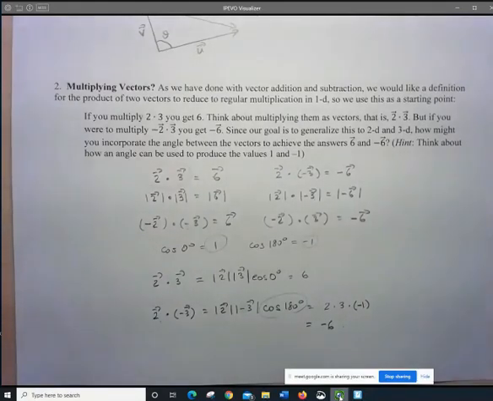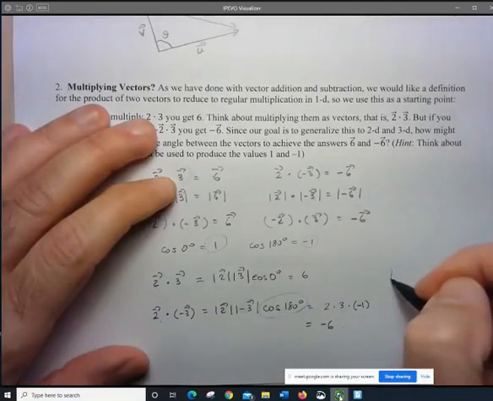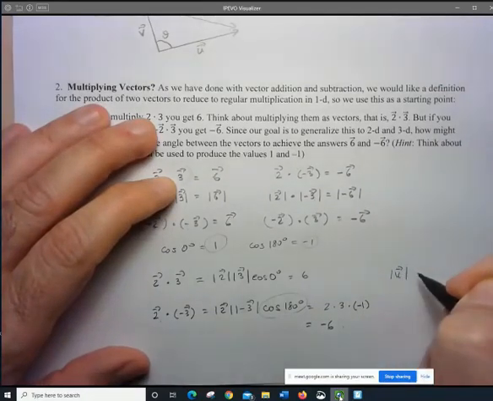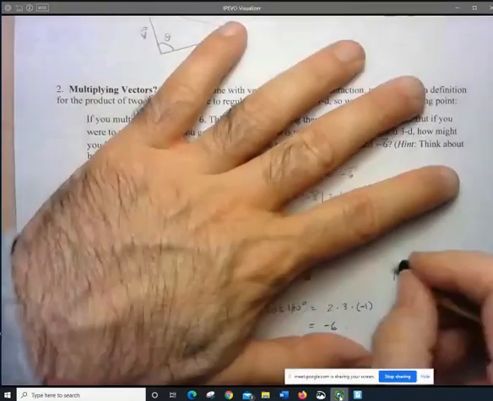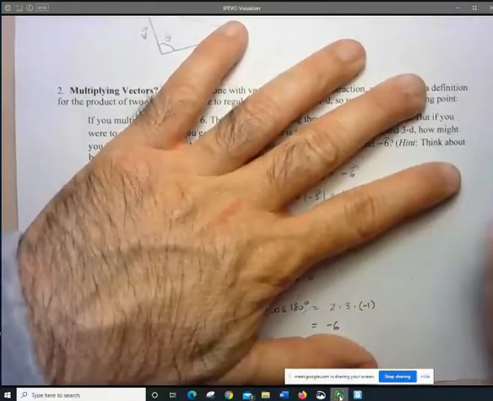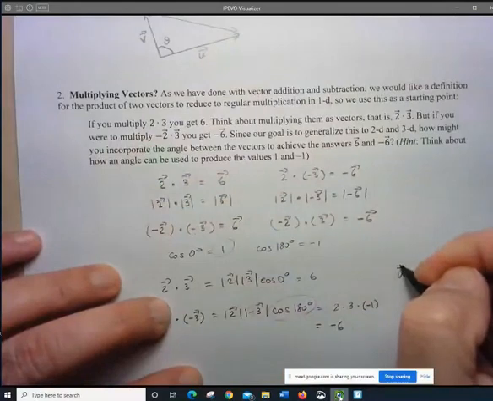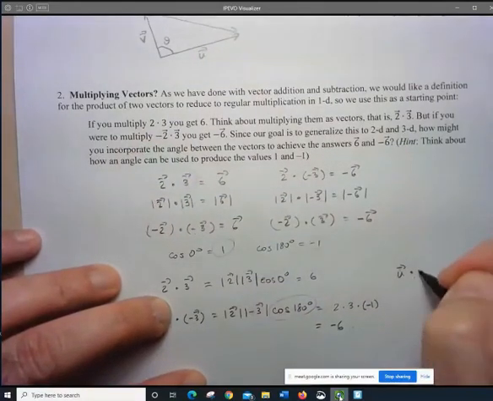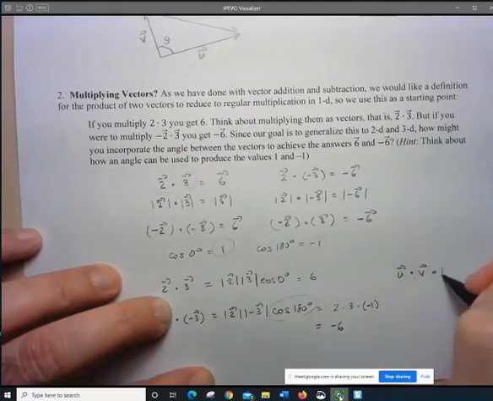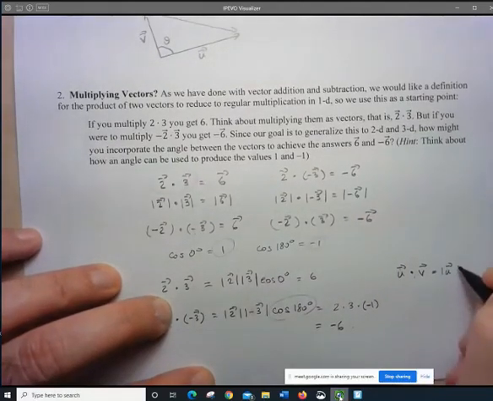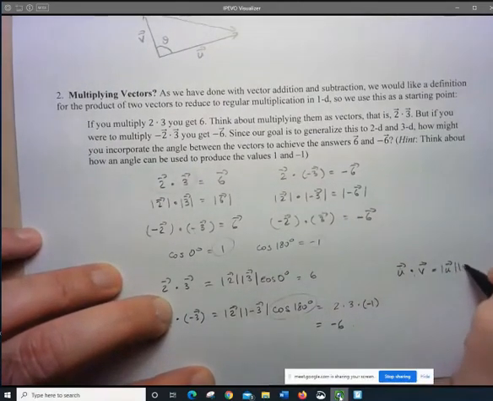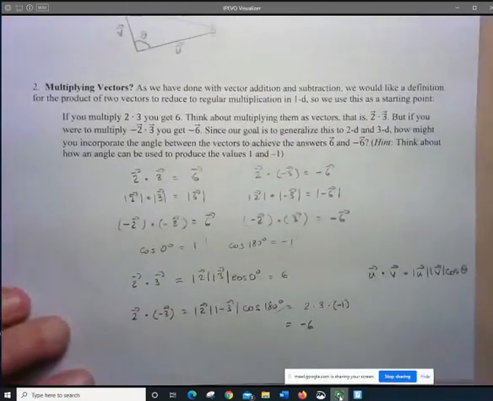So let's write out a more general form here. Take the vector u, and I multiply it by the vector v. What we are proposing as a definition is to take the two magnitudes, multiply them, and then multiply by the cosine of the angle between them.